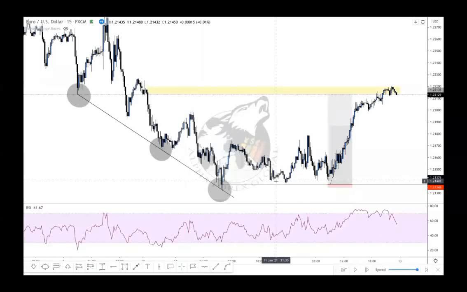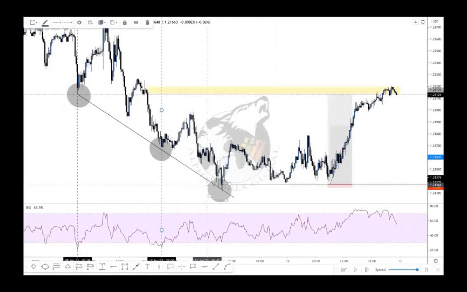What is divergence? Divergence is basically when the market is creating higher highs and higher lows, and the RSI is creating the opposite. In this case, the market is in a downtrend, so the market is creating lower highs and lower lows. However, the RSI, if you look, is creating higher lows at the same points.